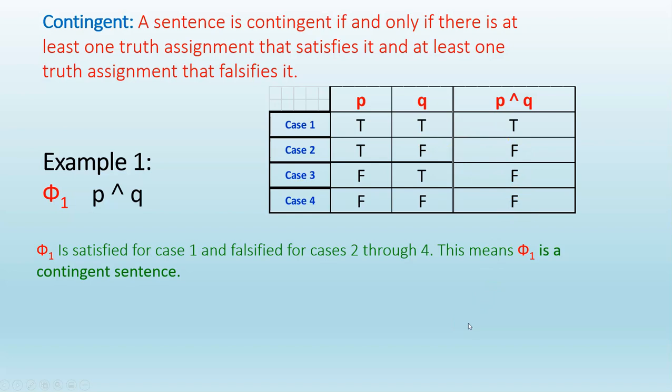So because there are some truth assignments that satisfy and some that falsify, this is called a contingent sentence. At first we might be tempted to say, well, most sentences are contingent. But that's not really true, because we just proved that unsatisfiable sentences are infinite.